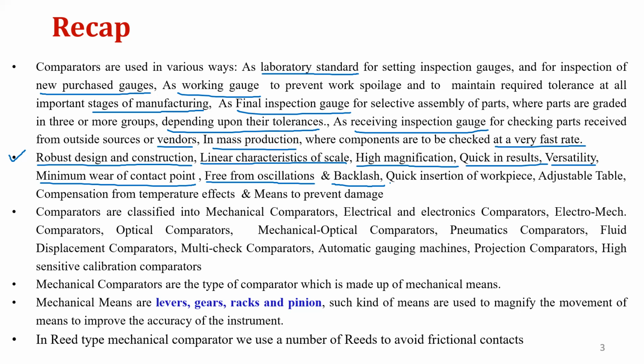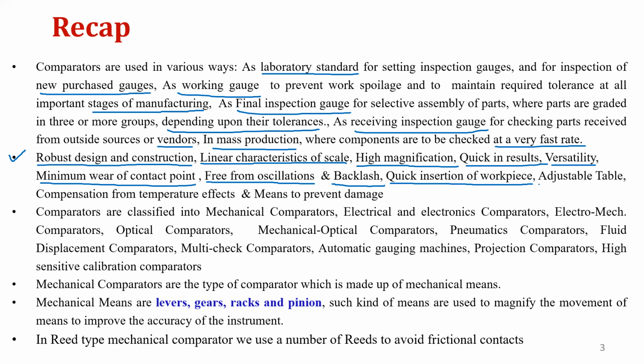Another characteristic is quick insertion of the workpiece. The comparator should be designed in such a way that the workpiece can be inserted underneath the plunger quickly.